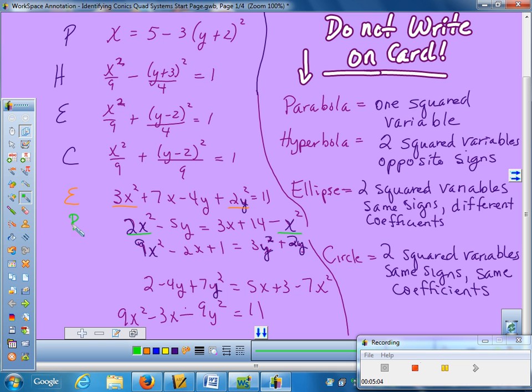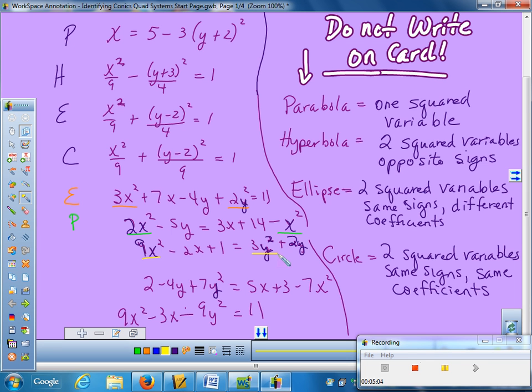Okay, all right, next one. Got a 9x squared. Over here I see a 3y squared. That one has two different squared variables. Are they both positive? They're on opposite sides.